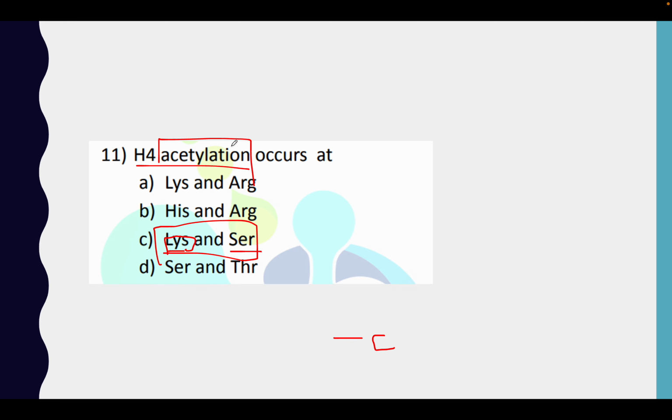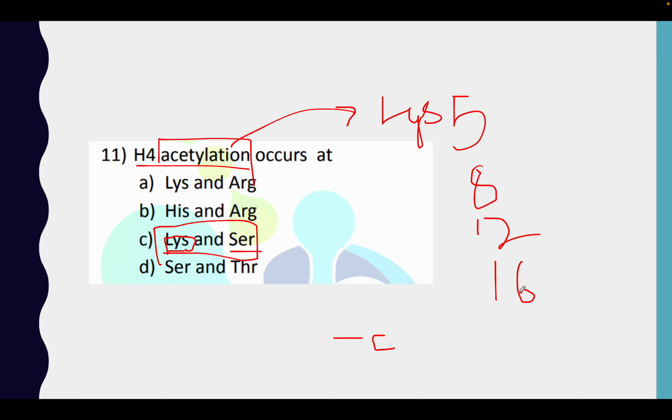Also, the acetylation sites of H4 histone are known, which are lysine 5, 8, 12, and 16. So on these particular lysine residues present on H4, acetylation occurs.